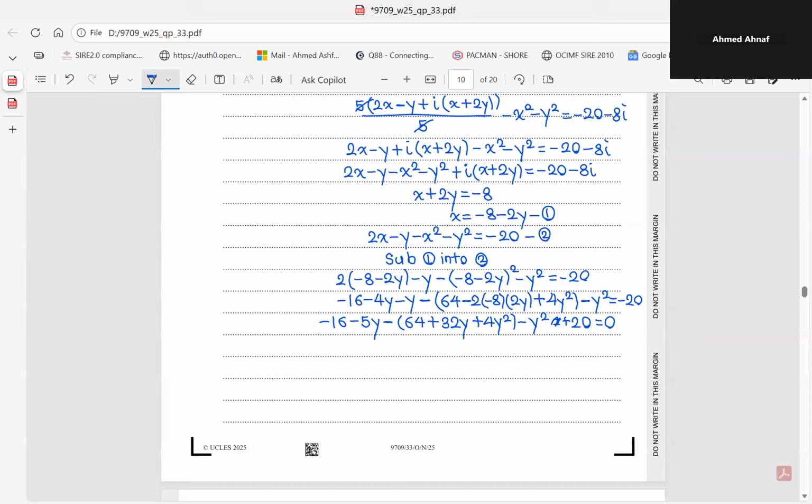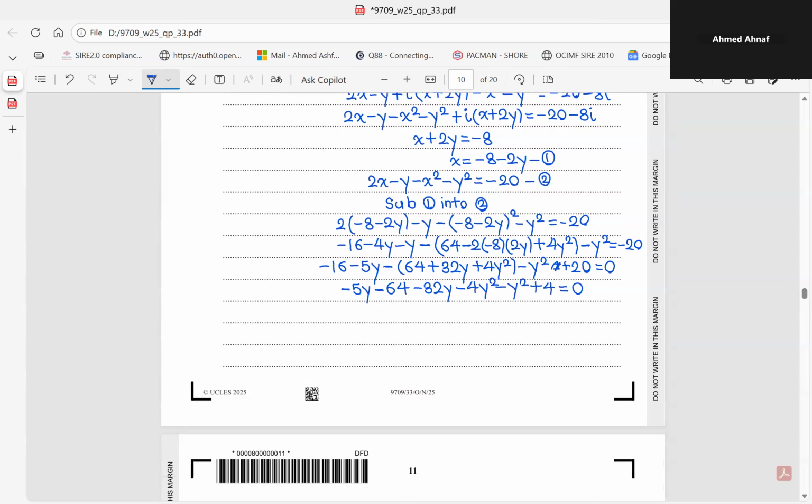So minus 16 plus 20, that's just 4. So minus 5y, minus 64, minus 32y, minus 4y squared, minus y squared, and 20 minus 16, that is 4, equals 0.